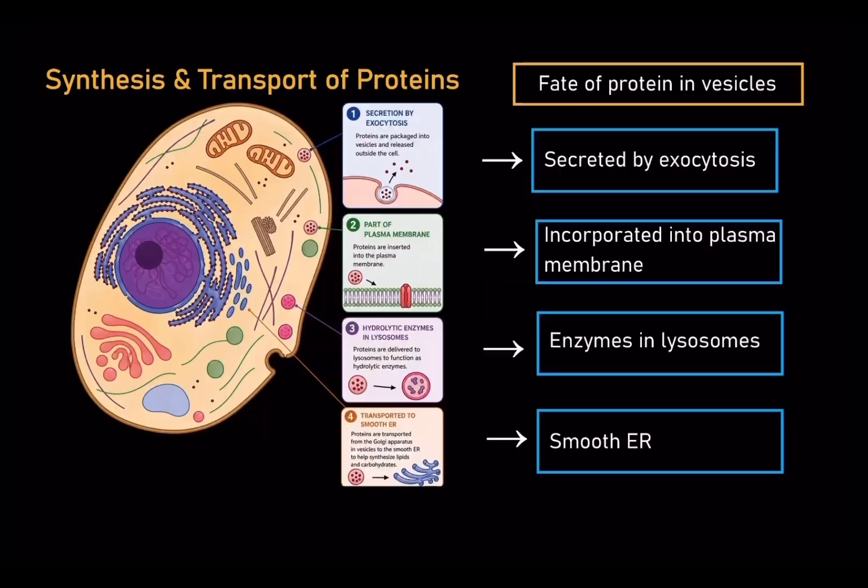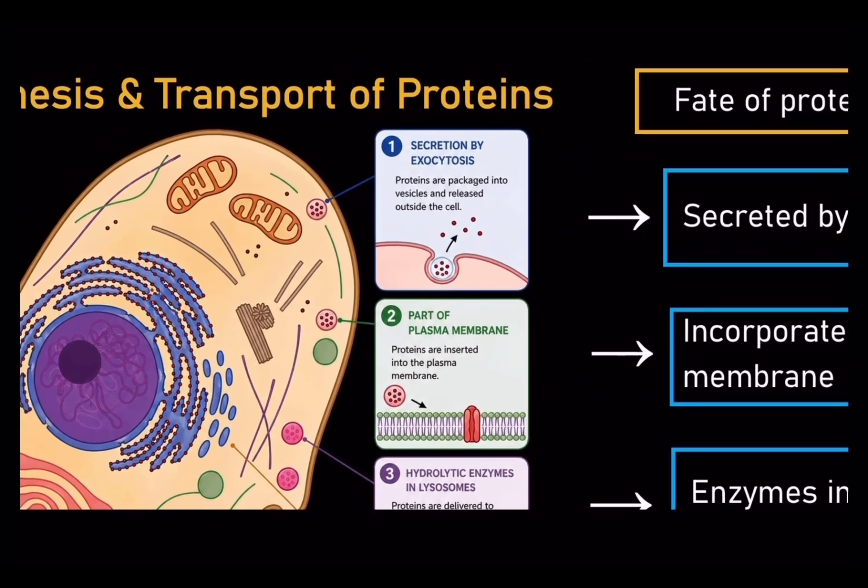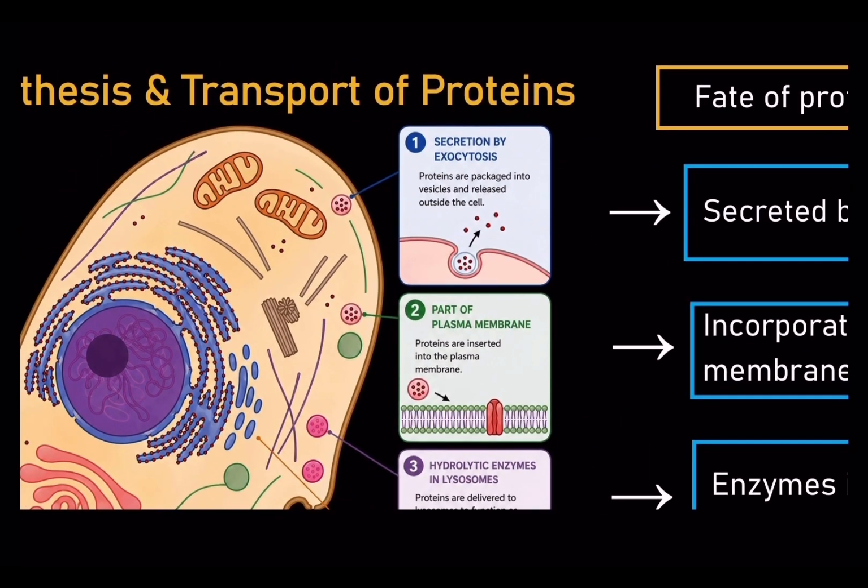So let's look at what happens to the proteins in the vesicles. Some proteins remain inside and some are released outside. Those that are released outside of the cell are released by a process called exocytosis, like you see here. The vesicle simply fuses with the plasma membrane. An example is the salivary gland cells making the enzyme amylase.